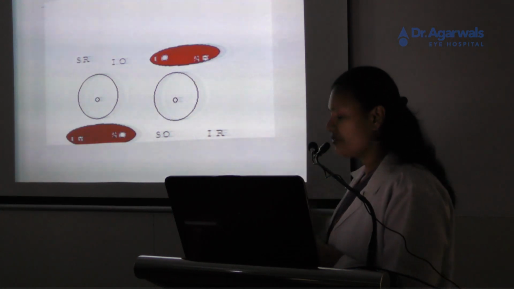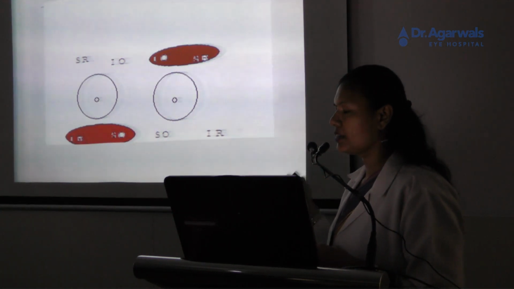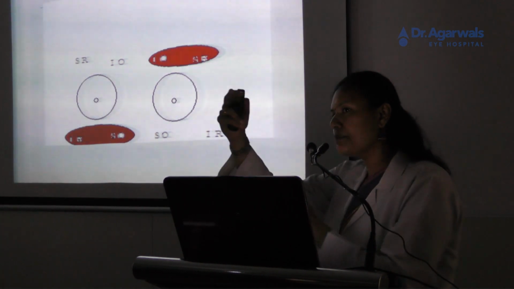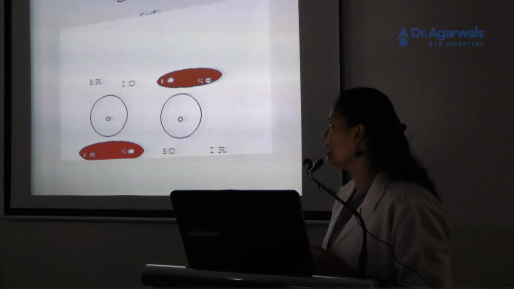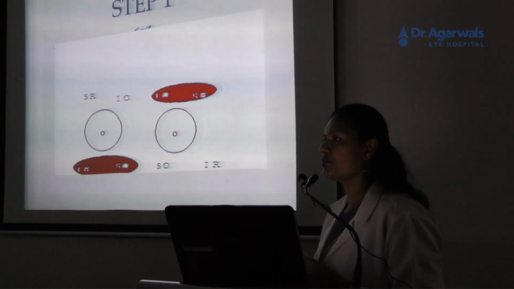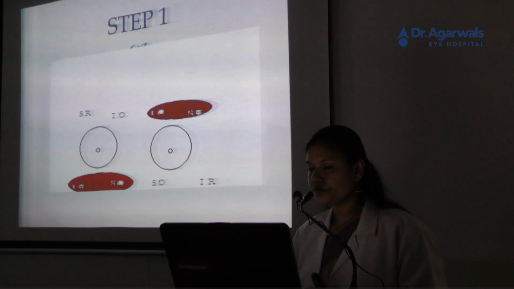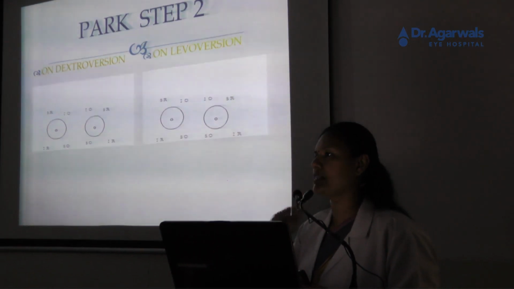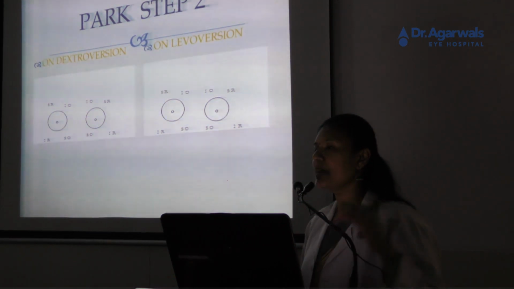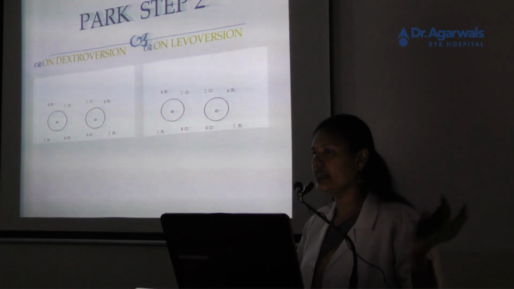So then in the first step you are able to come to a diagnosis to cut down from 8 muscles to 4 muscles. So either the inferior rectus and superior oblique of this side or inferior oblique and superior rectus of the other eye. That's the first step. Second step, from these 4 muscles you want to cut down to 2 muscles. So how do you do? You make the patient do a dextroversion and a levoversion.